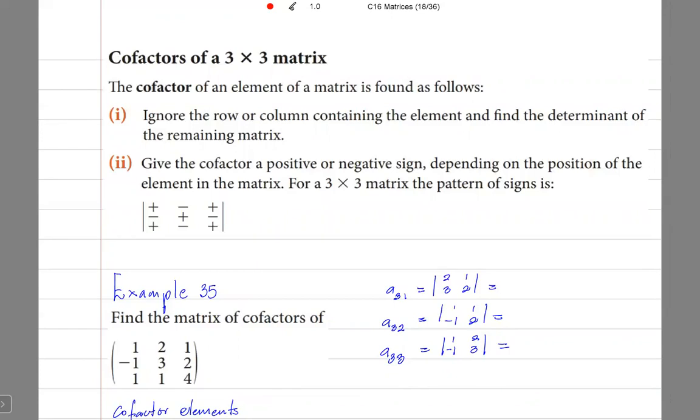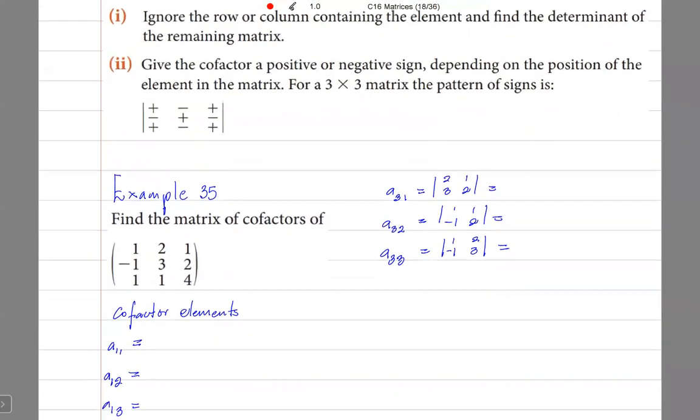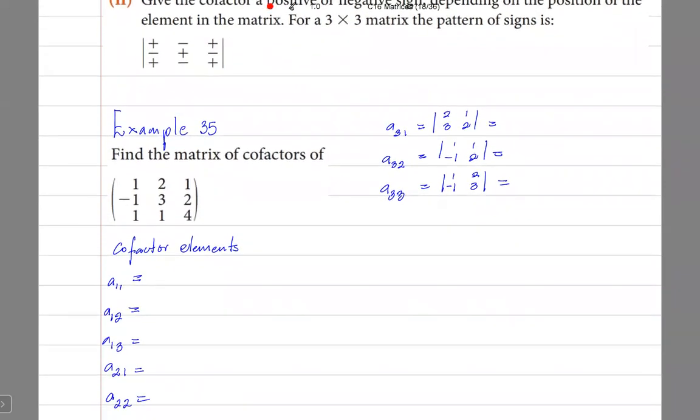All right, so example 35 says, find the matrix of cofactors of this matrix here. The first thing we need to do is find the cofactor of every element. So let's find the cofactor of the element in the first row and first column. We're going to ignore its row and column and find the determinant of the remainder.